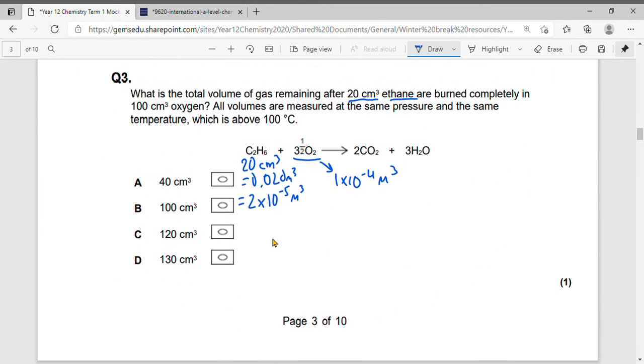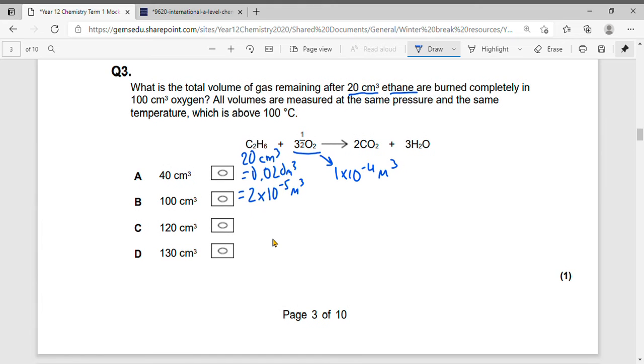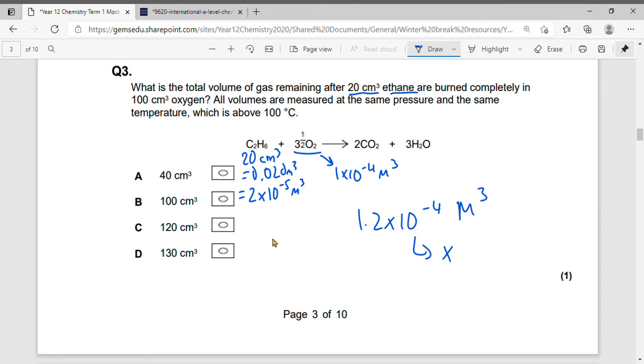No. Well, perhaps I just need to add them together. 1.2 times 10 power negative 4 meters cubed, so we just need to multiply by 10 power 6, which is 120 centimeters cubed, so I guess it's this one.